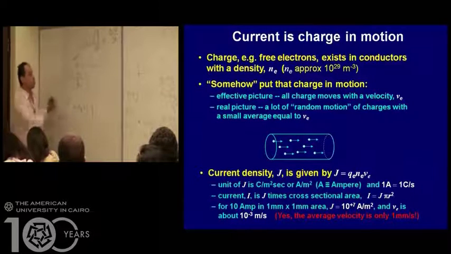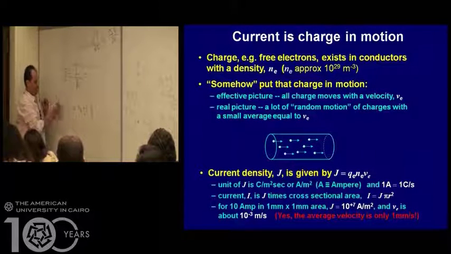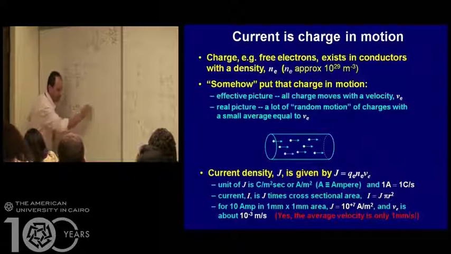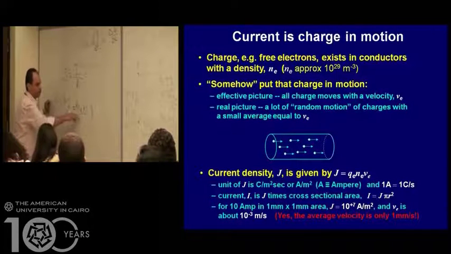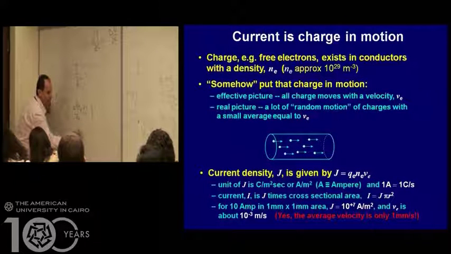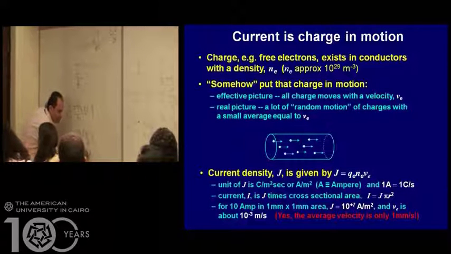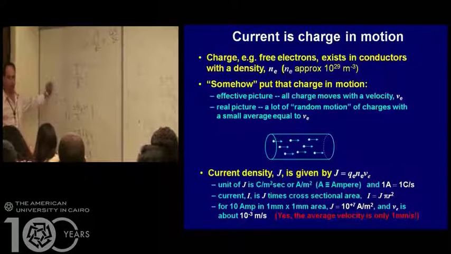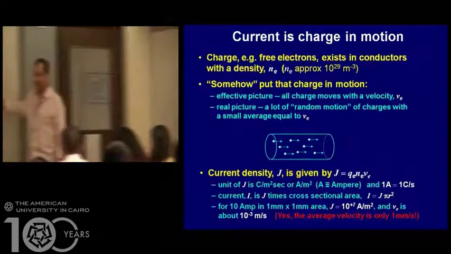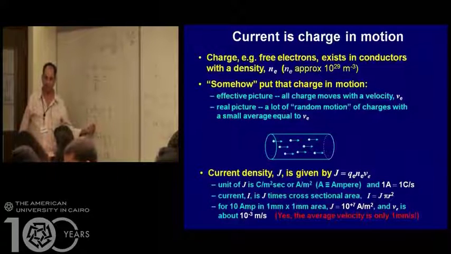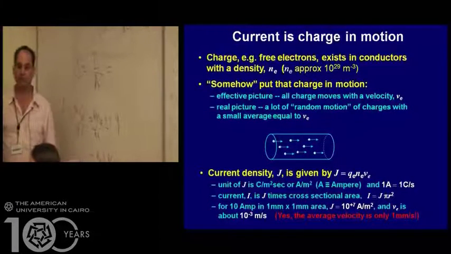Now what's I? It's d by dt of all of that. n is constant, A is constant, and x over t gives the velocity. So I is n times e times A times v. dx by dt or delta x over delta t is velocity.